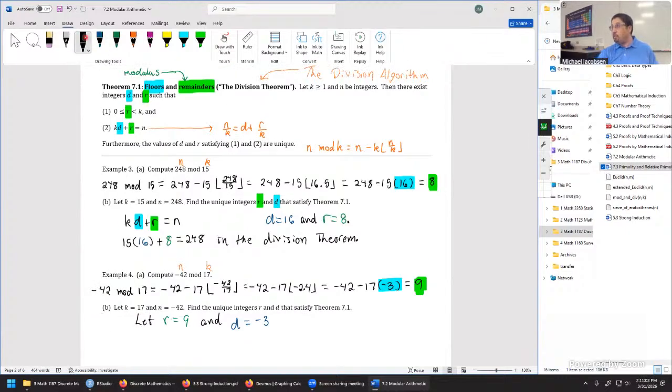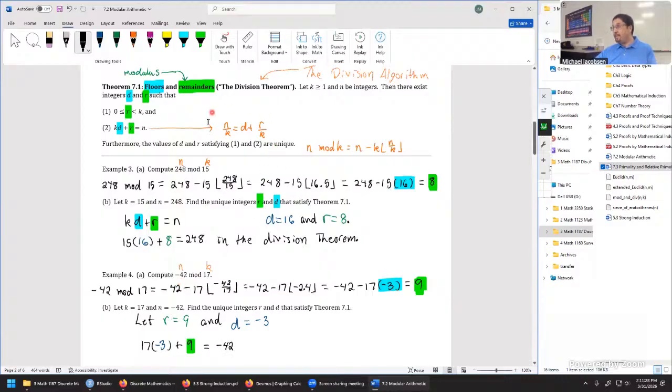If that's the case, then we take KD plus R. K is going to be 17 times -3 for the value D, plus the remainder 9. That had better come out as the N value, which is -42 from the very beginning.